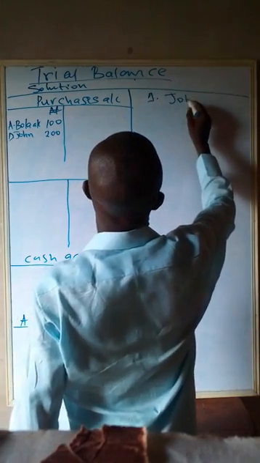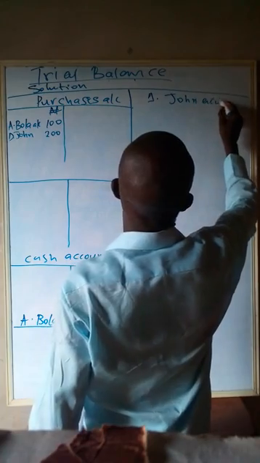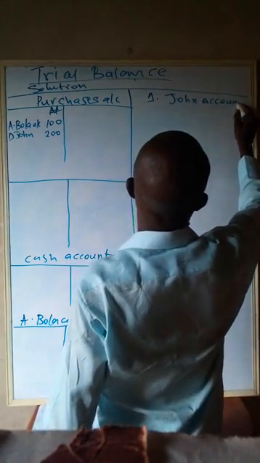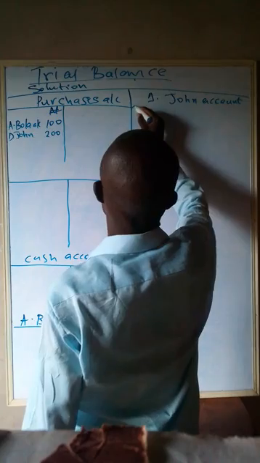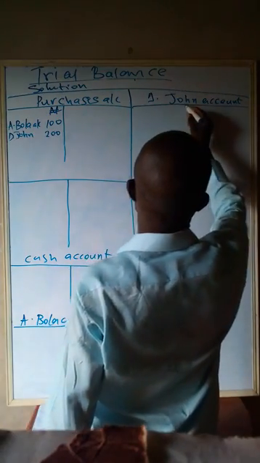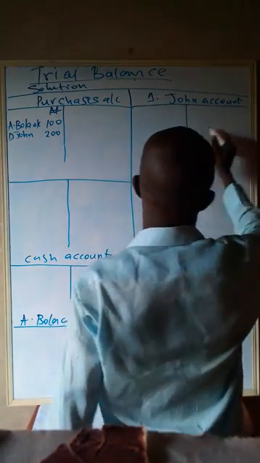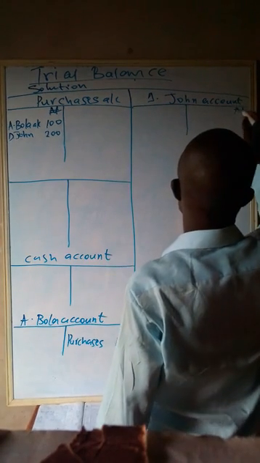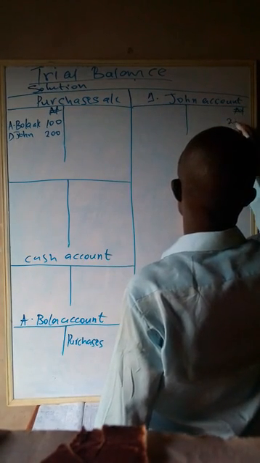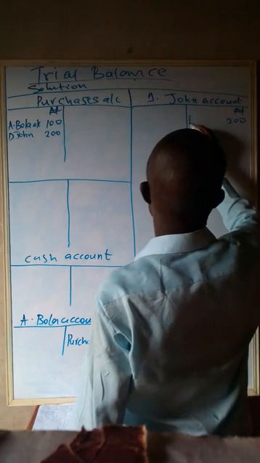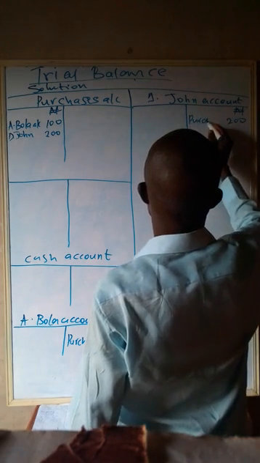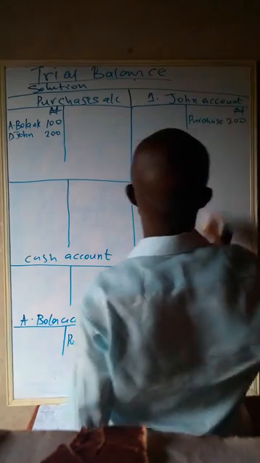D. John's account. D. John is giving out. I credit D. John's account with 150 naira, and that is the purchases account.